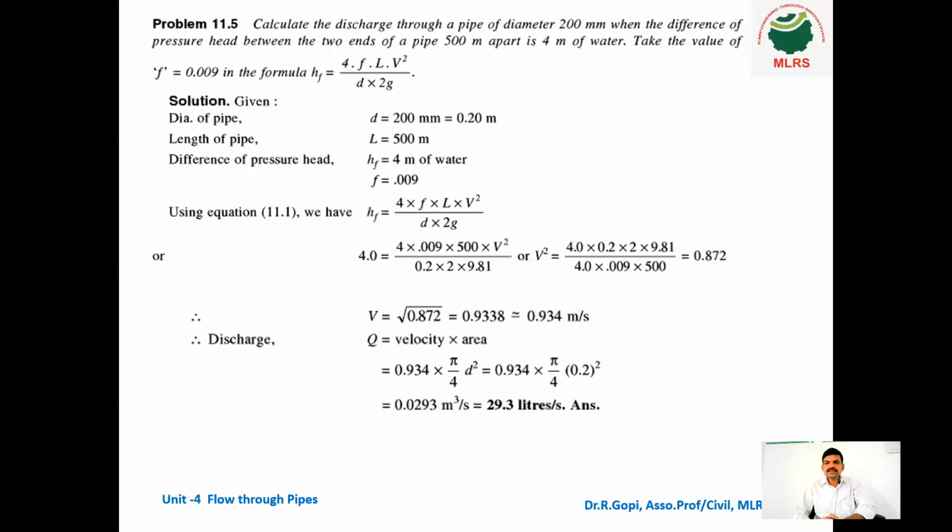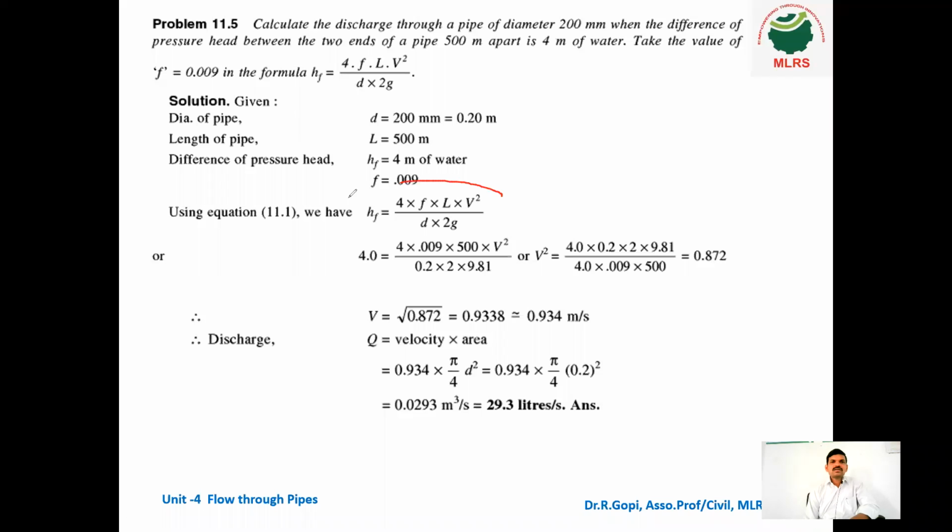Velocity into area. So we must calculate the velocity first, and after that we can easily calculate the discharge. How to calculate velocity? Using Darcy's equation only we have to calculate. So let us see how to calculate.